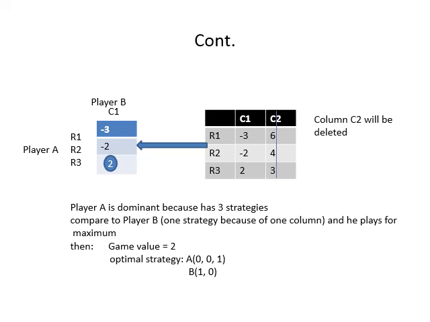In the first column, B1 is 0. This is about dominant strategy.